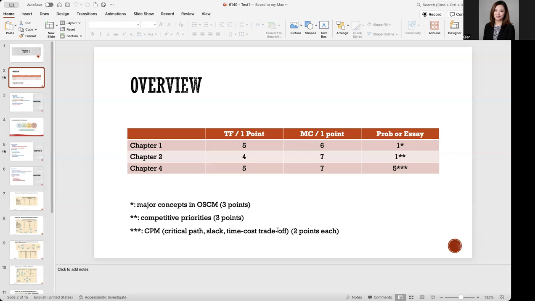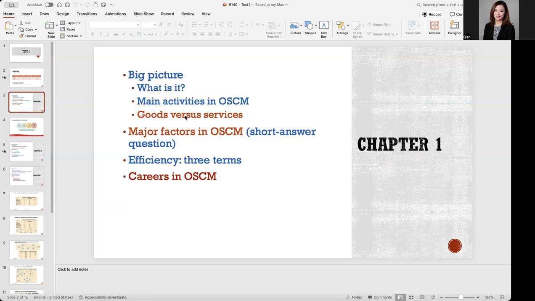Now let's take a look at the details of the contents you need to review for each chapter. Before that, I have a strategy for you to prepare for the test: you don't have to read the textbook again or go over all 40 pages the test covers.